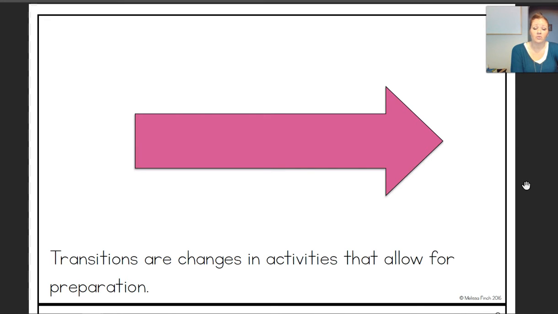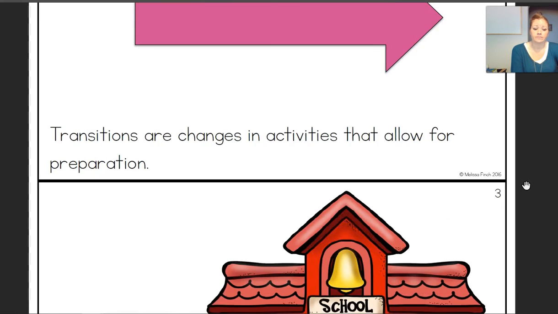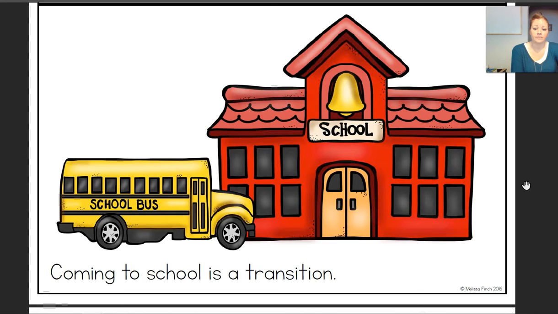So when we move from one activity to another, coming to school is a transition. Waking up in the morning, brushing your teeth and getting ready to go to the kitchen table to do your assignments, that's a transition to school. Even though you're not really leaving home, it's still a transition to school.